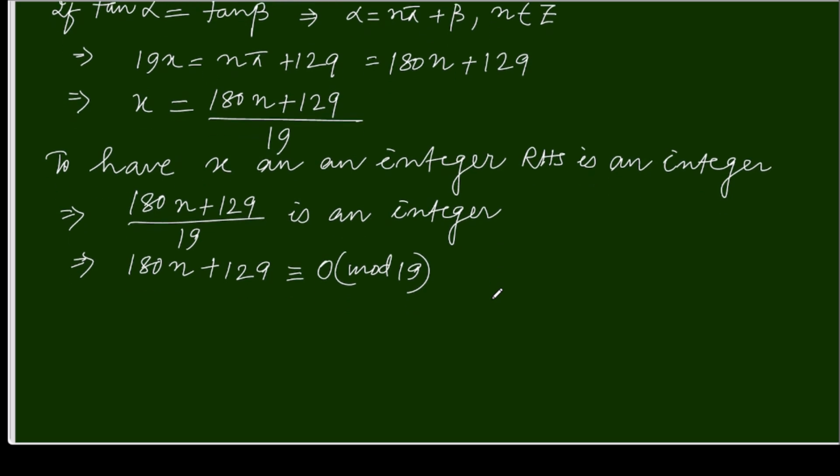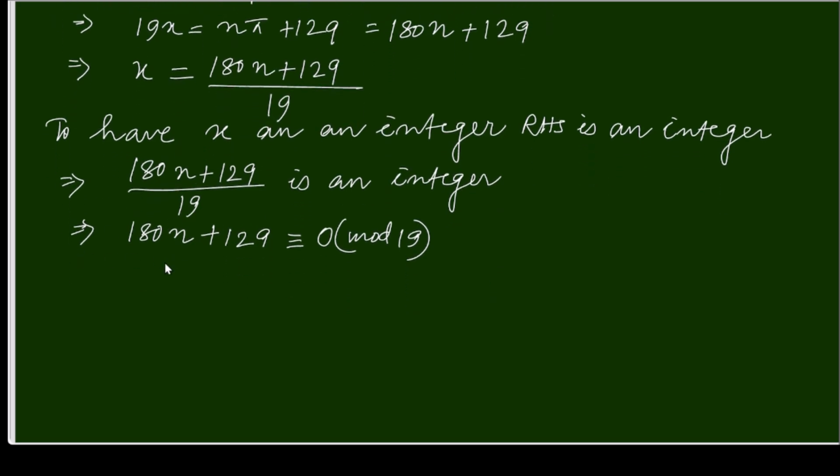So we have to think of n. Now to get there in a short way, first I'm taking this 129. 129 divided by 19, I'm getting 19 times 6 is 114, and 15 is the remainder. So this is congruent to 15 modulo 19. I am just expressing this in the lowest term.